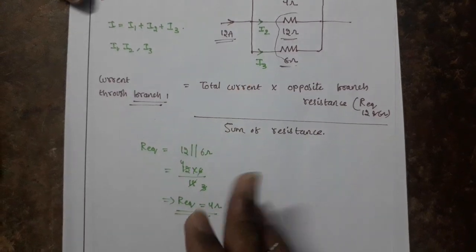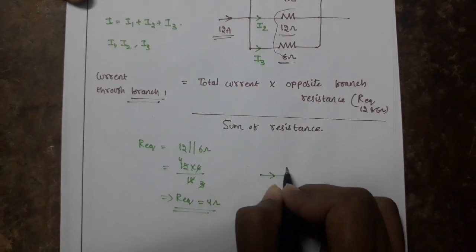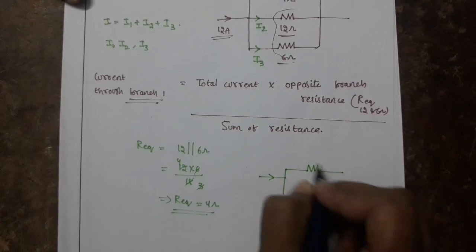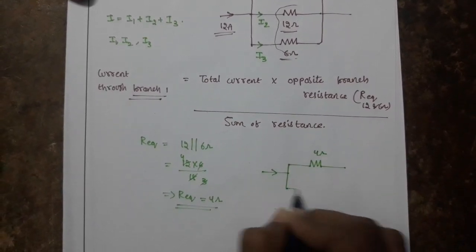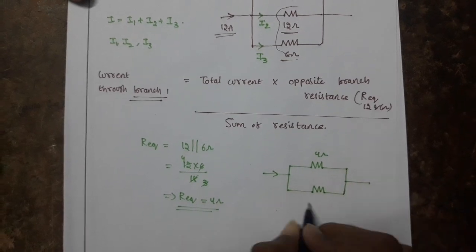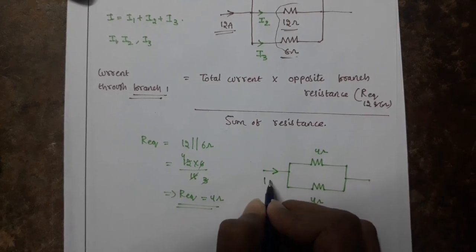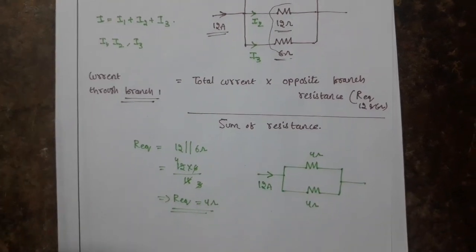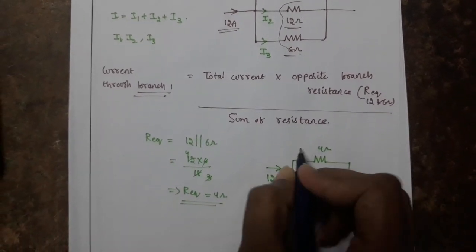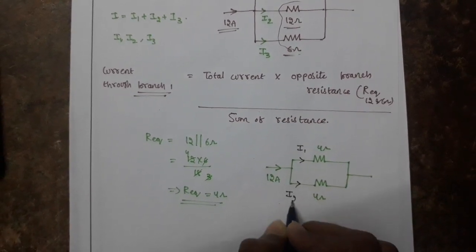So I am redrawing the circuit right now. This is the 4 ohm resistance and this is the R equivalent of 12 and 6 ohms, that is 4 ohms. Here the total current is 12 amperes, this is branch 1 current I1, and this is I2 plus I3.